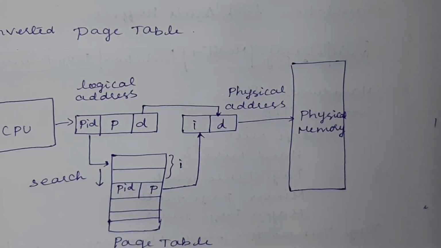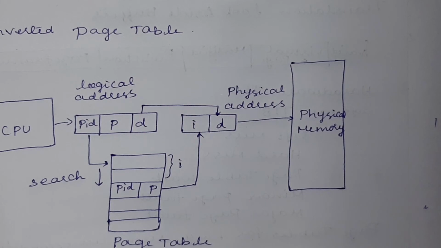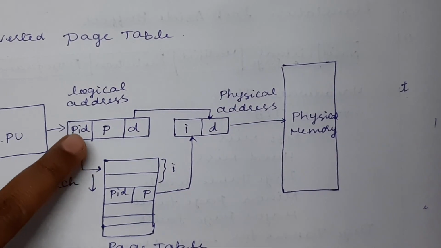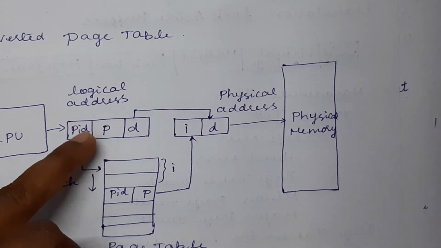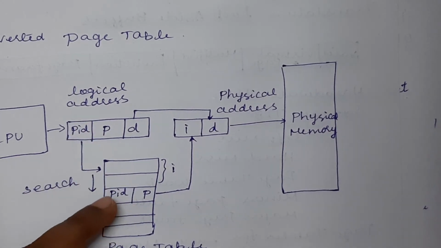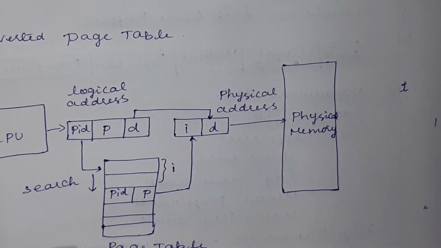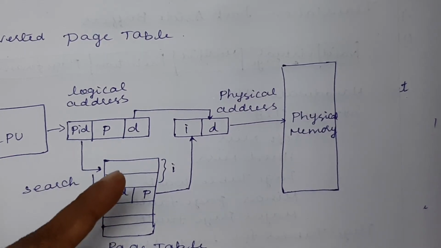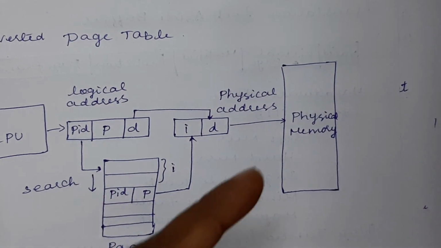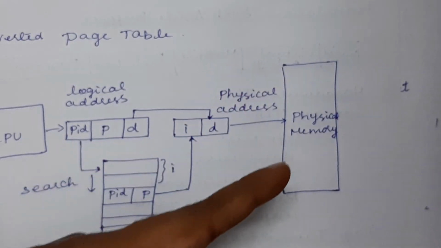One more disadvantage we face in this inverted page table is this. Since we have limited entries and also included the process identifier, and we search the page table entry based only on the process identifier, all the entries in the page table can be arranged only in the way they are arranged in the physical memory.